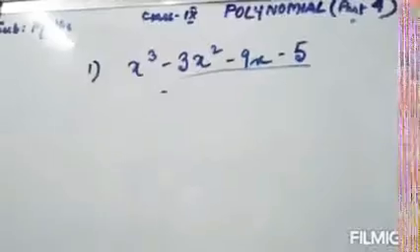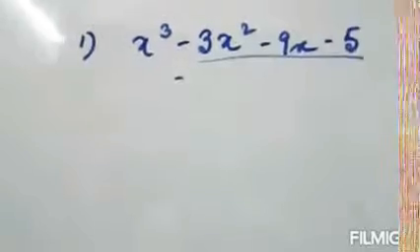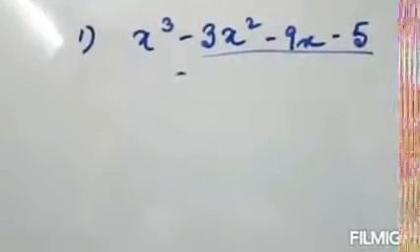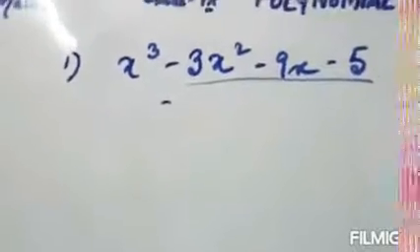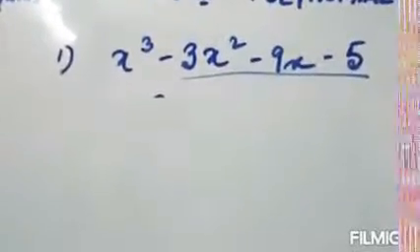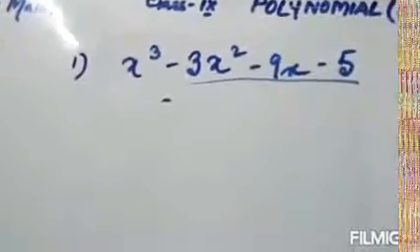The factors of 5 we have found out are minus 1, plus 1, minus 5, plus 5.